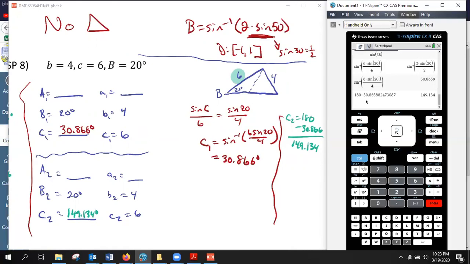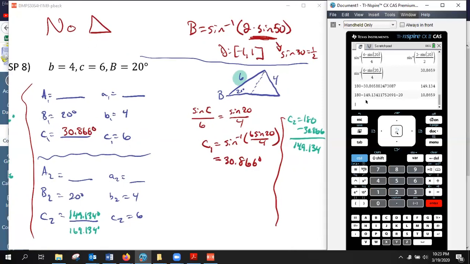If I add it to 20, that gives me 169.134. I definitively have a second triangle. If I take 180 minus 149.134 minus the 20-degree angle B, that leaves angle A as 10.866 degrees.